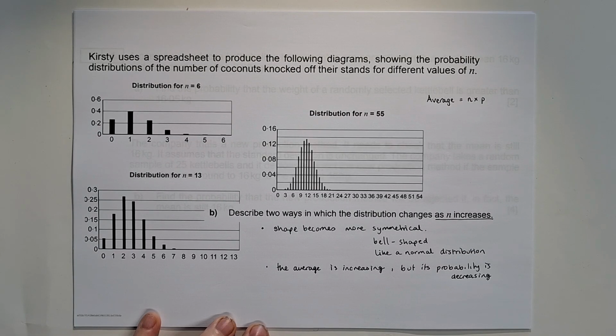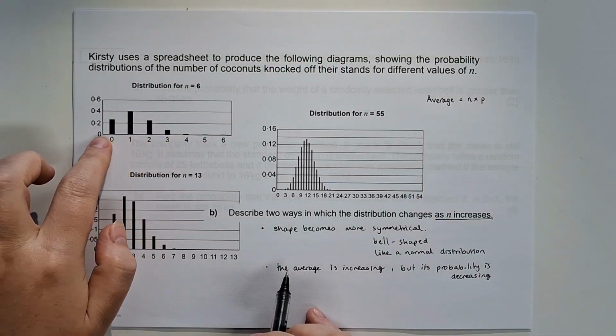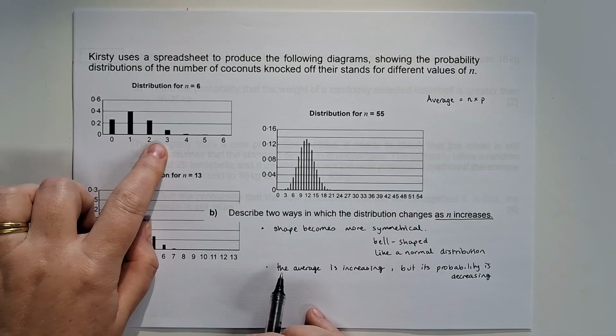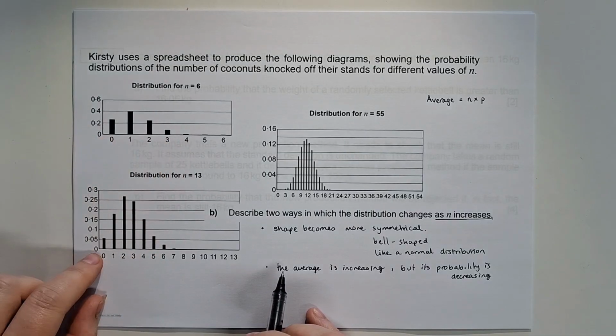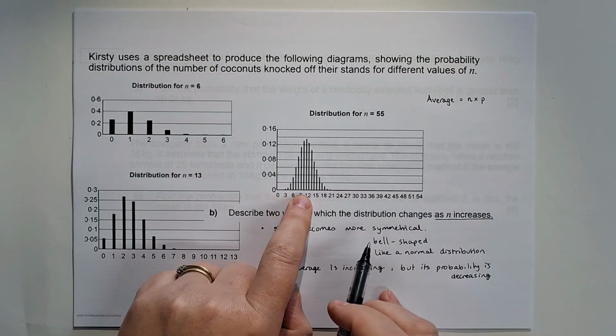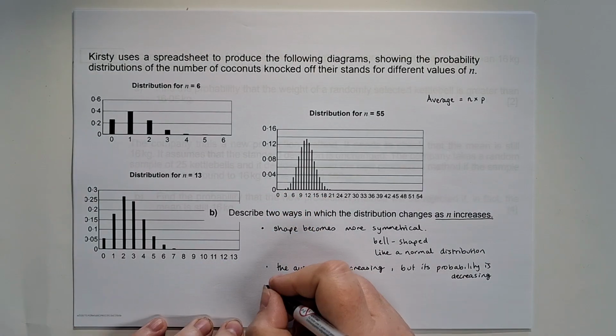Your graph does get more spread out. Here, your numbers are only really visible within sort of like the 0 to 3, roughly. Then you've got sort of 0 to 6 or 7. Then you've got sort of like 3 up to about 20. The spread of numbers is increasing.